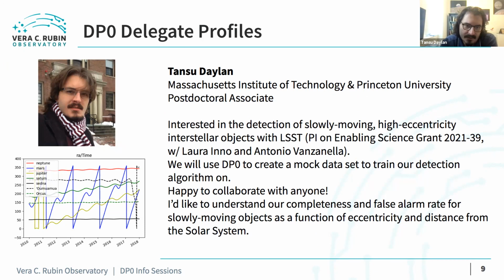The idea being that if you have an interstellar object, we want to be able to find it as quickly as possible using as little data as possible. And we are trying to optimize a pipeline that can enable that. So good to see you all. Cool. Thank you, Tansu.